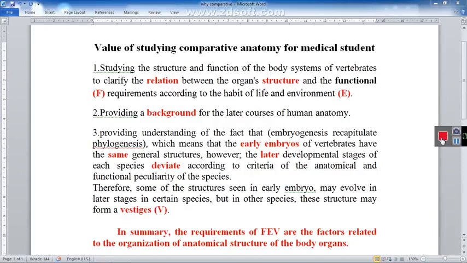This sentence means that you will see in your course of comparative anatomy that the early embryo of vertebrates has the same structure in most of the species. So generally the body of the embryo of vertebrates has the same structure.